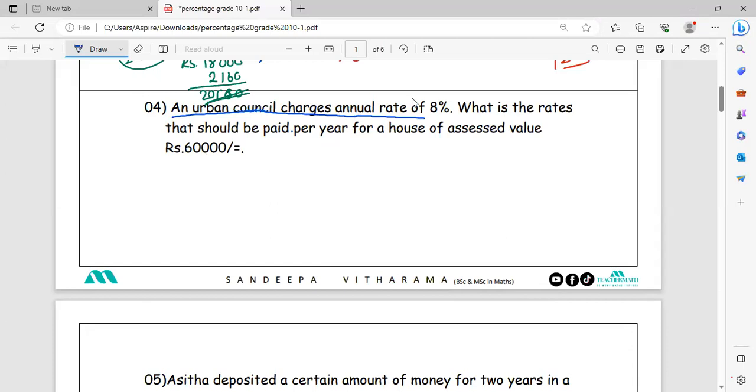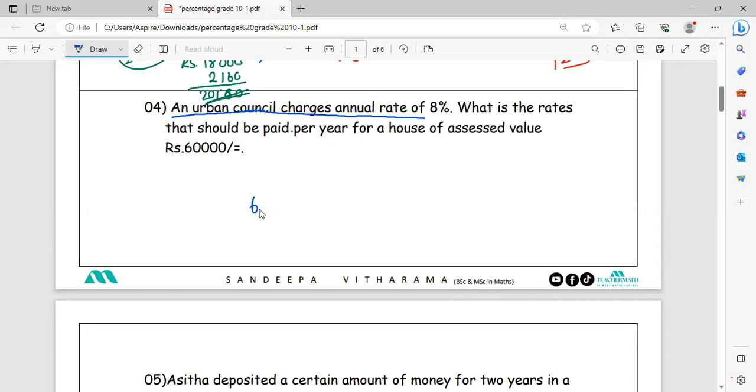It is 8%. What is meant by this percentage? Percentage එකෙන් කියන්නේ මොකද්ද? රුපියල් 100යි නා. That means if the assessed value of the house is 100 rupees, 8 rupees has to be paid as the rate. Okay, that is the meaning of the percentage.